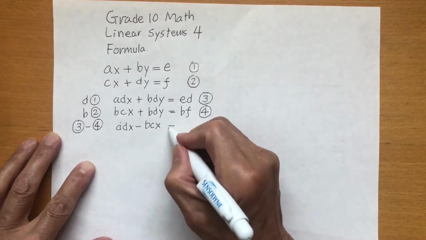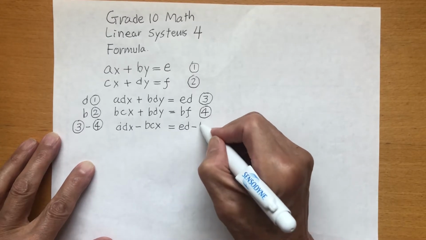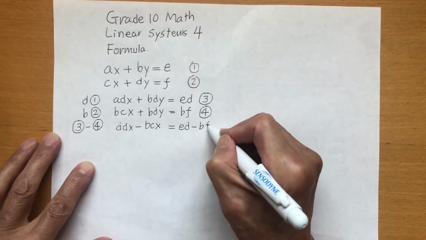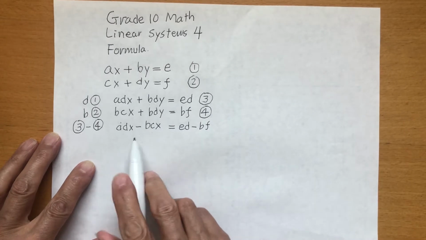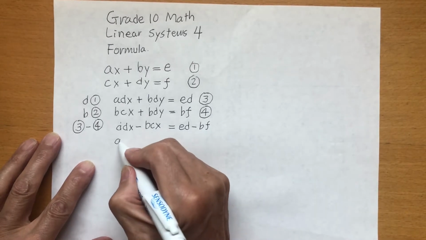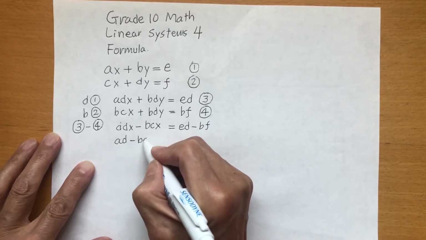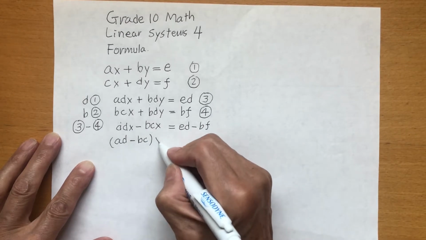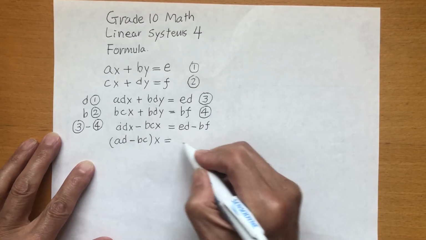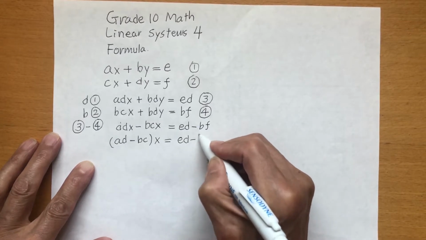And ED minus BF. I can combine the left-hand side, AD minus BC, the whole thing in brackets, times X is equal to ED minus BF.